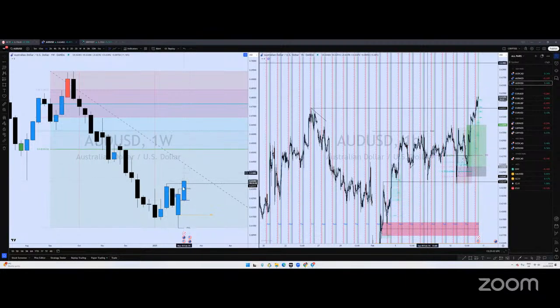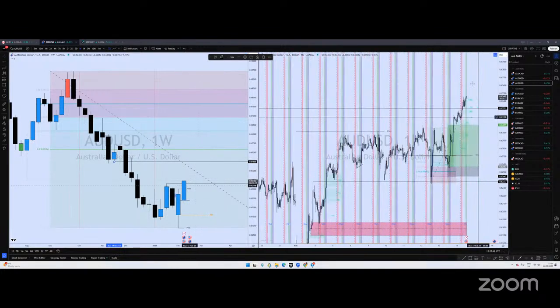We might reach for this up candle's low, and I know it's extreme, but that's within the realm of possibilities going into the next 2 weeks. If we don't get there next week, we will get there in 2 weeks' time. All right, so anticipate Aussie to continue going higher from where we are.